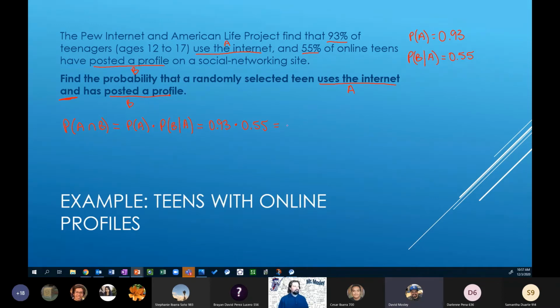Yes, 0.5115, or 51.15%, or we might be able to go with approximately 51%.